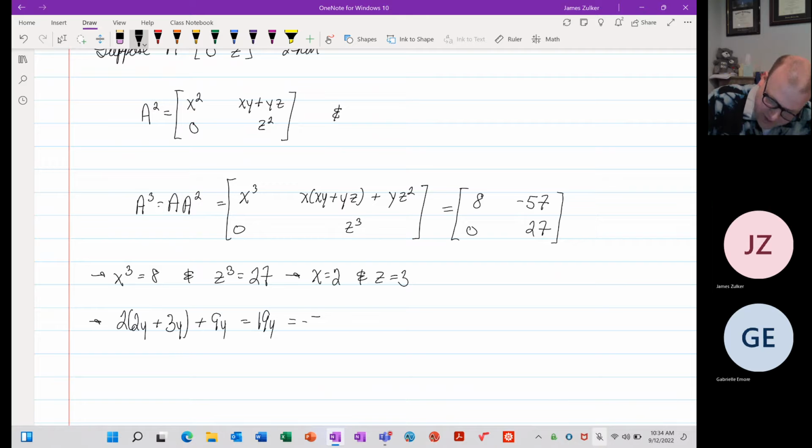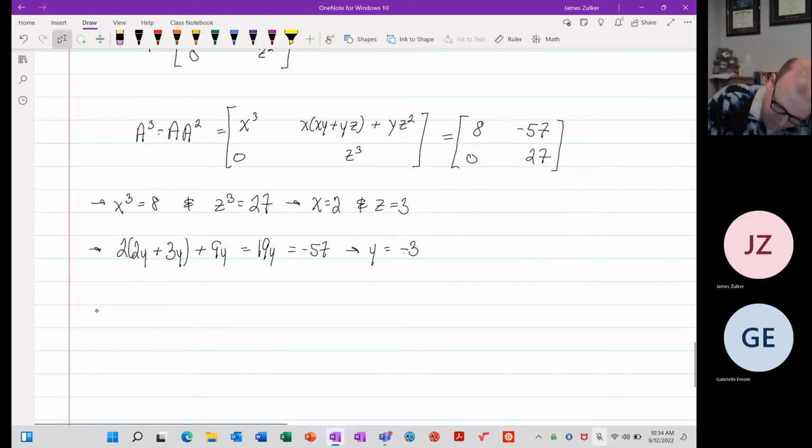That has to equal negative 57. That means y is negative 3. So our upper triangular matrix would be 2, negative 3, 0, 3.